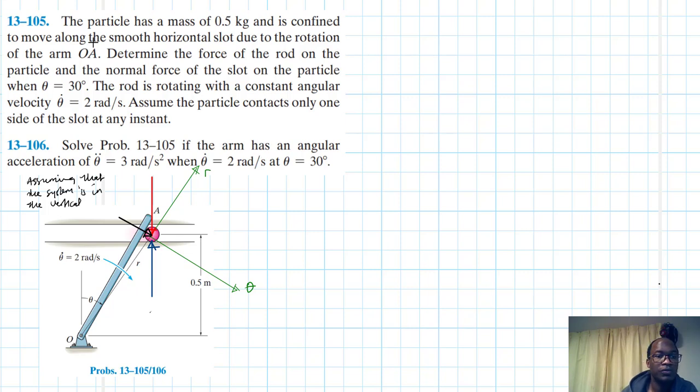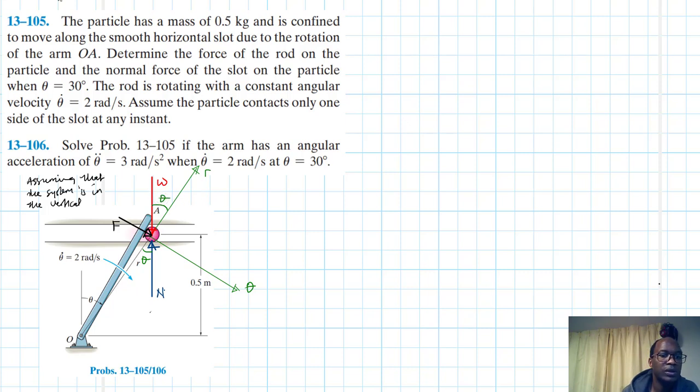With this information we can write the components. Here, this is theta, this is the normal force, this is the weight, and this is the force. If that is theta, then we also agree that this one here is theta.